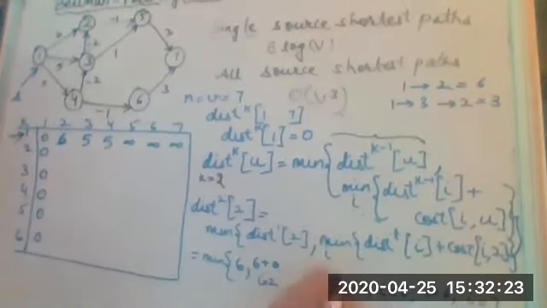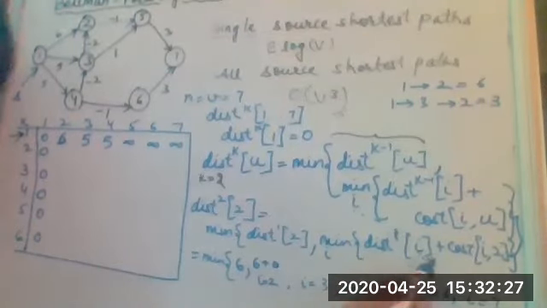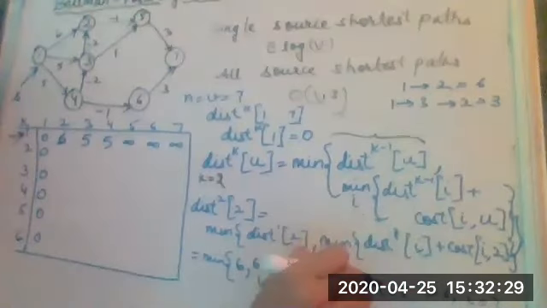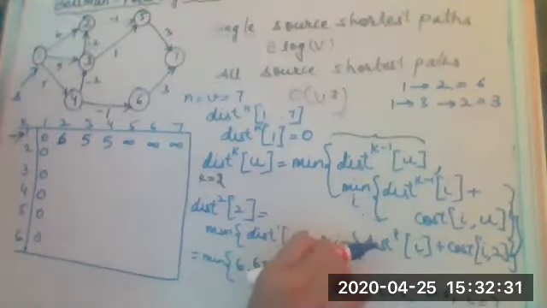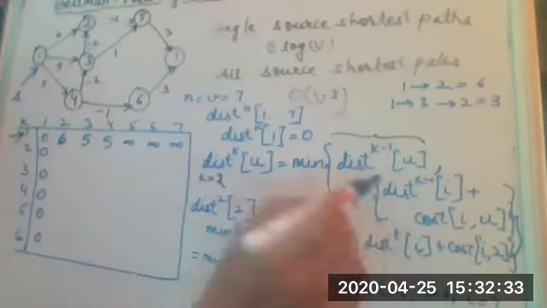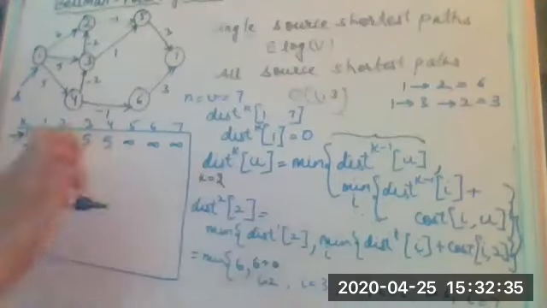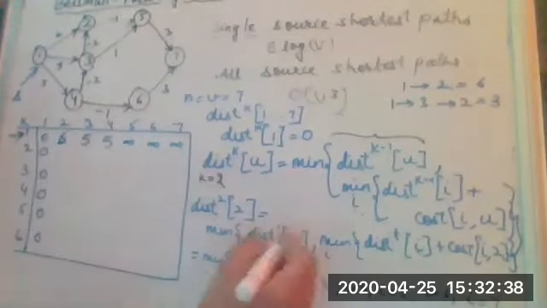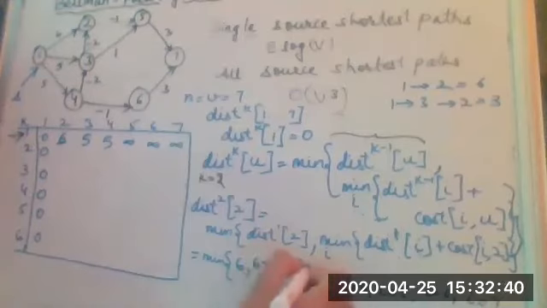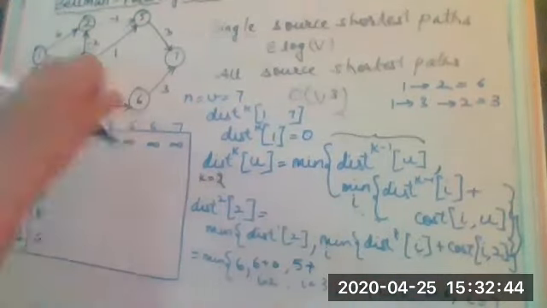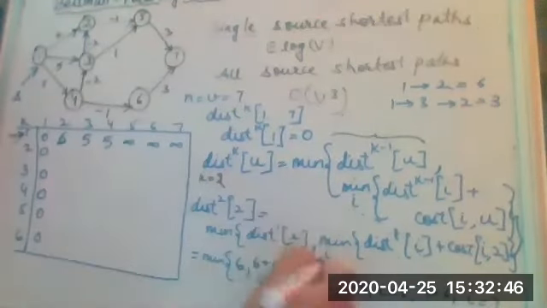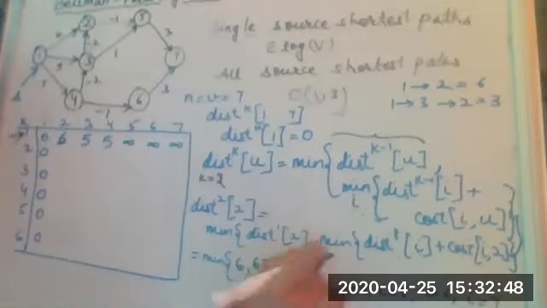Next, when I equal to 3, distance of 1, 3. That means distance of the third vertex from the source when you have no intermediate one. So that is 5 plus the cost of 3 to 2. Cost of the vertex from 3 to 2 is minus 2.